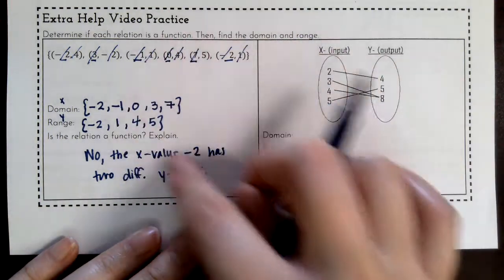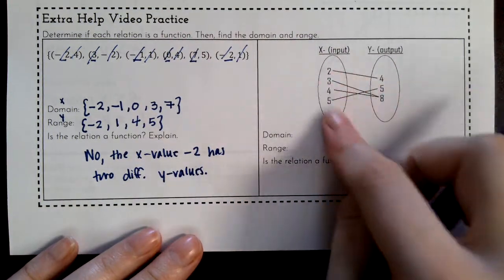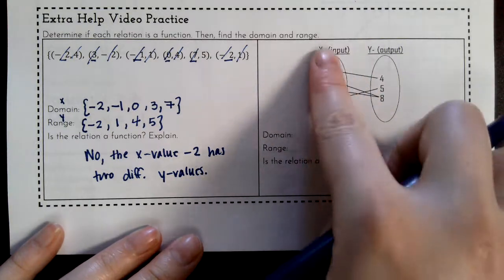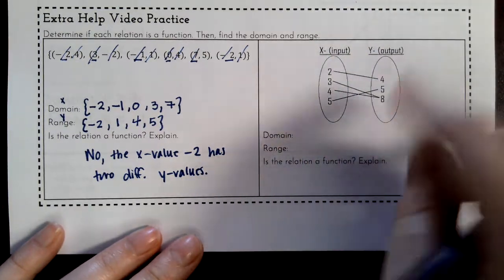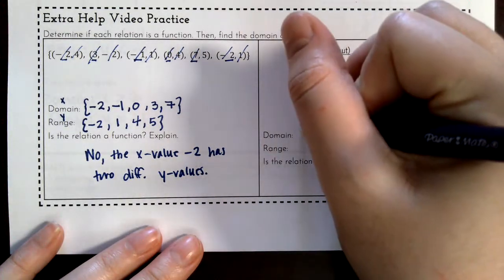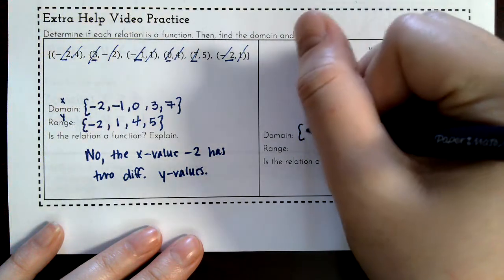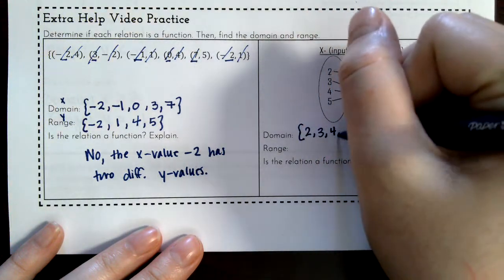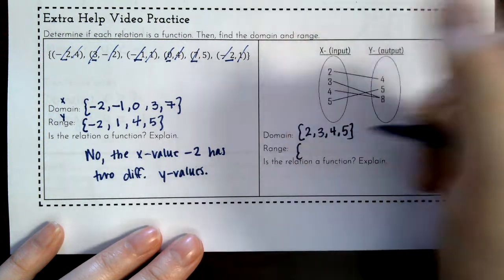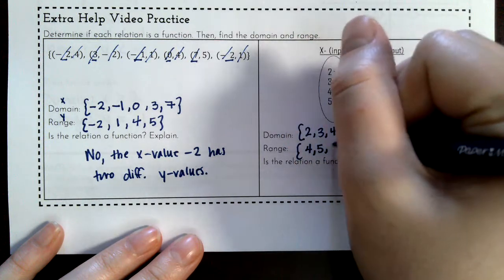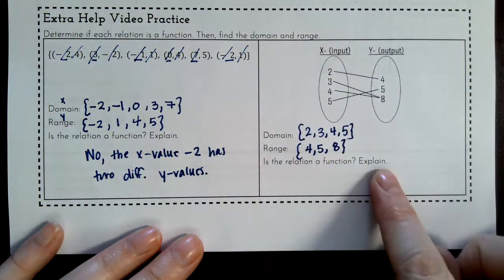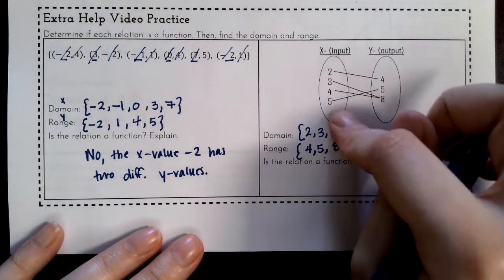So this is a set of points. A mapping diagram, the X's or the domain are always on the left and Y's on the right. And they should be in order and they should not repeat. So it should be pretty easy to just copy this down. Same for the range. And if it's a function or not, we're looking for one X to have two birthdays.